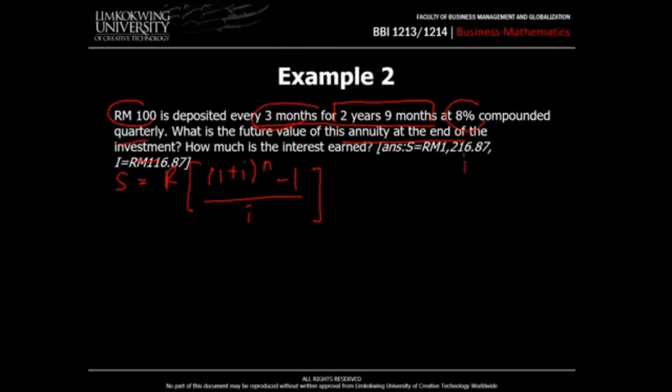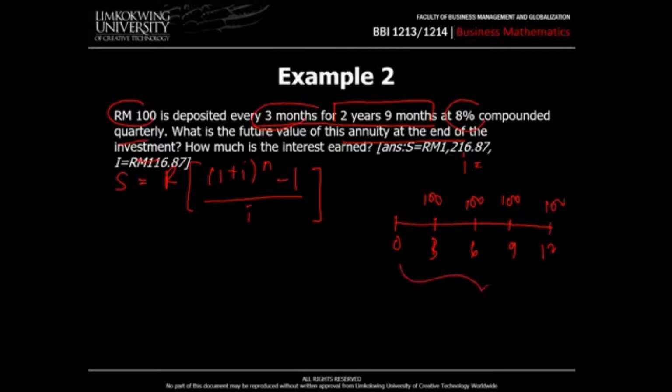What is I? 8% compounded quarterly. One year has 12 months, but it is deposited every 3 months. So in 3 months you deposit 100, at 6 months, 100, then 9 months, then 12 months.